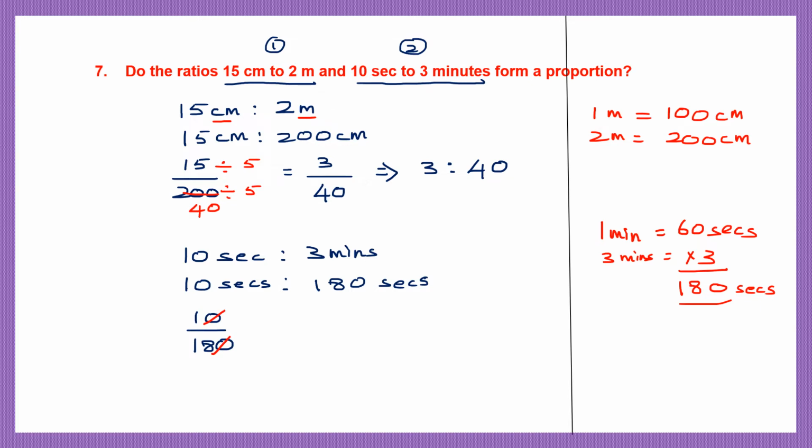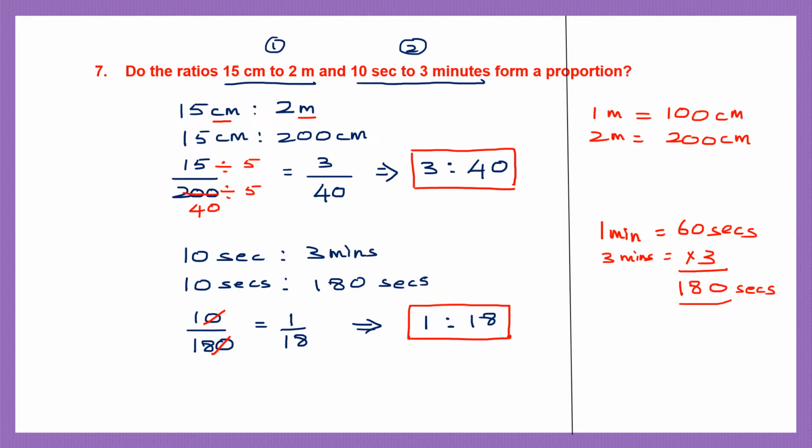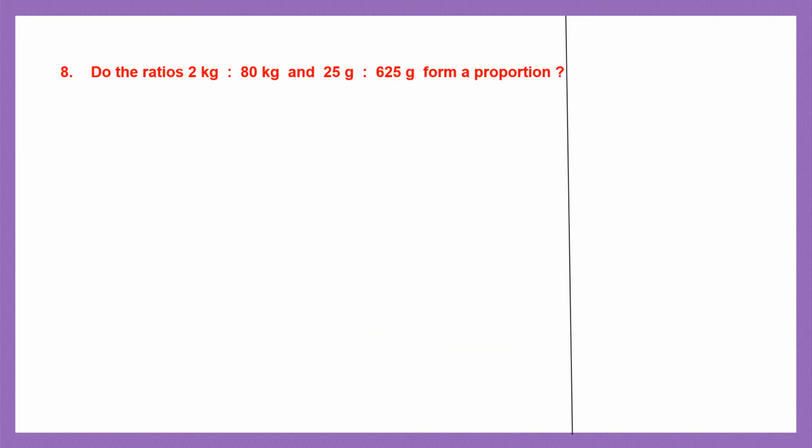So what is left is simply 1 by 18, and as a ratio I get 1:18. Our first ratio was 3:40, and our second ratio is 1:18, and since they are different, they do not form a proportion. The question is, do they form a proportion? And the answer is no.